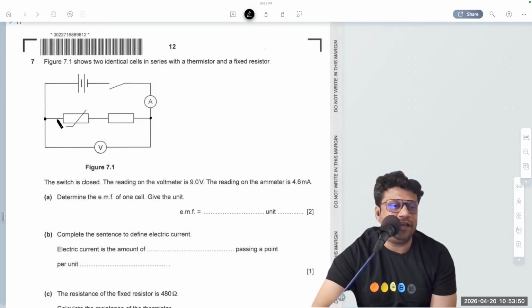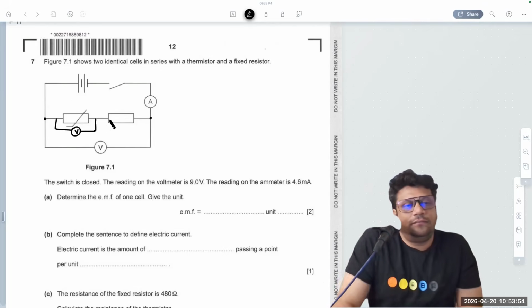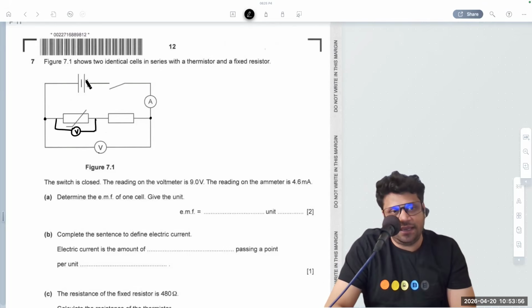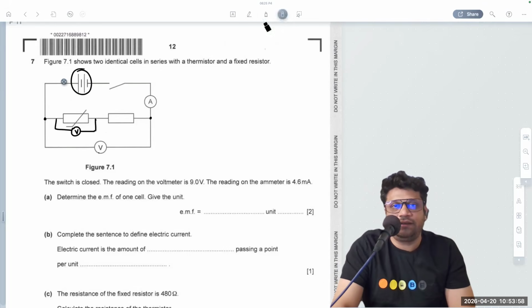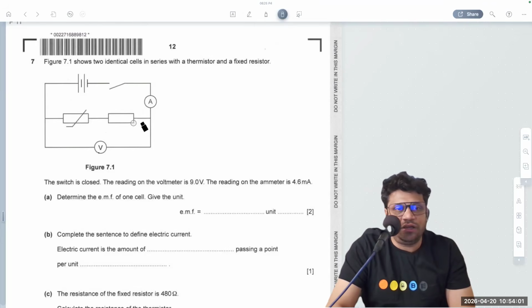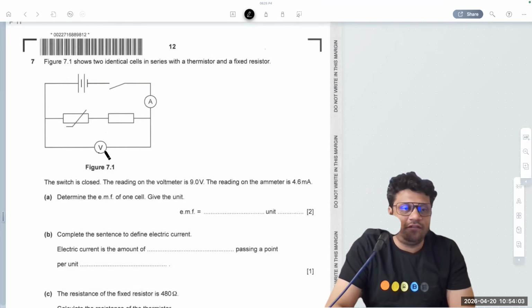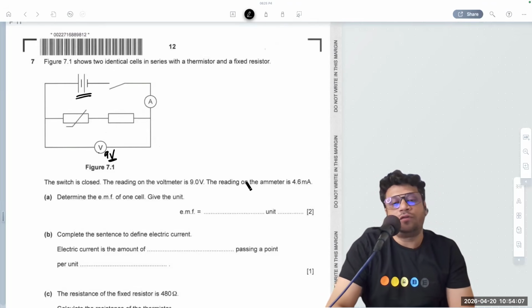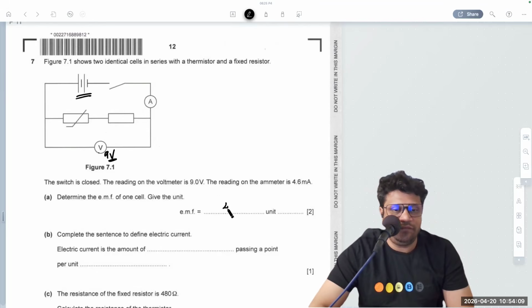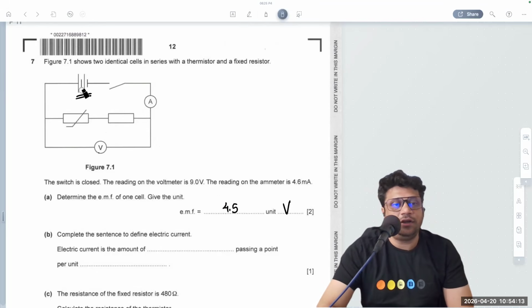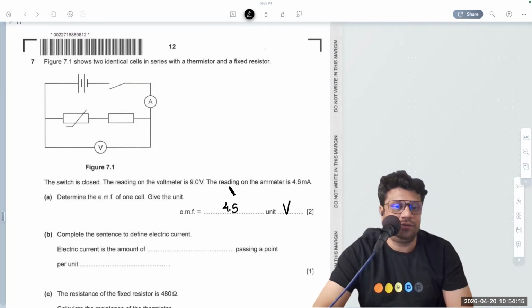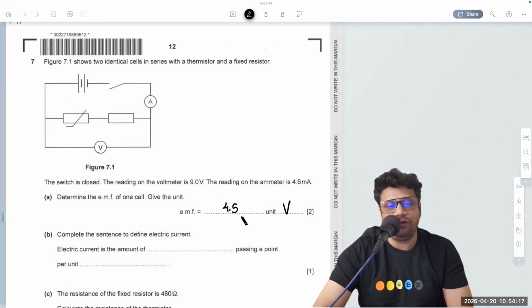If the voltmeter was connected to one of the components, I wouldn't have said it is telling me the EMF of the battery. But since it is connected on those two terminals, it's telling you the EMF of the battery. So it's telling you 9 when there are two cells in that battery. So of course, the EMF of one cell would be 4.5 volts. There are two of them, right? Giving you a 9. So each one of them is going to be 4.5.